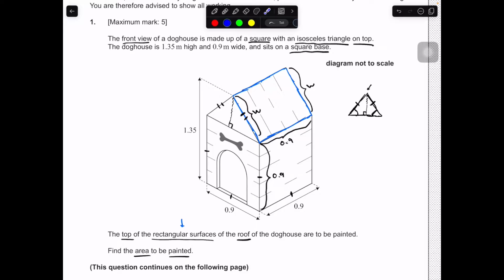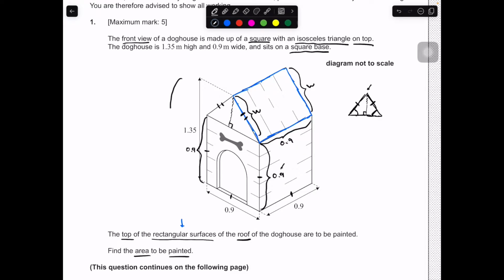Okay, so we know that the total height of this doghouse is 1.35, and they also told us that the front view of the doghouse is a square. So that means this is 0.9, this is 0.9, and this as well right here is equal to 0.9.